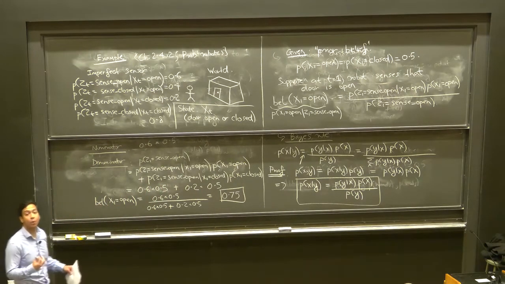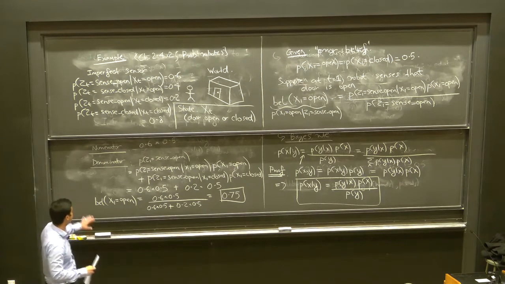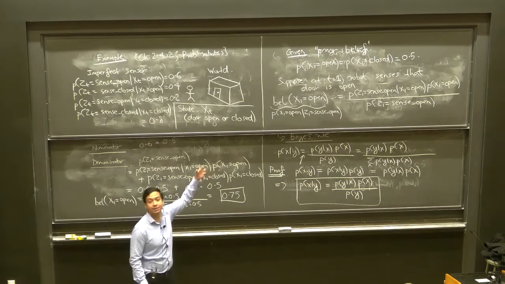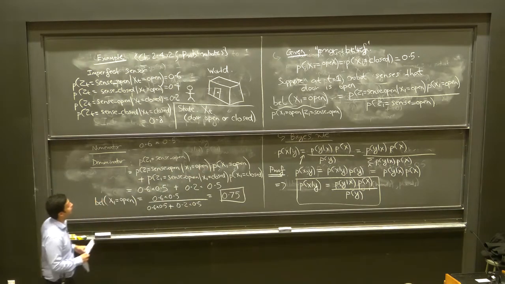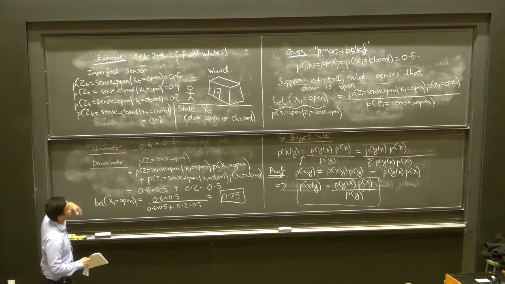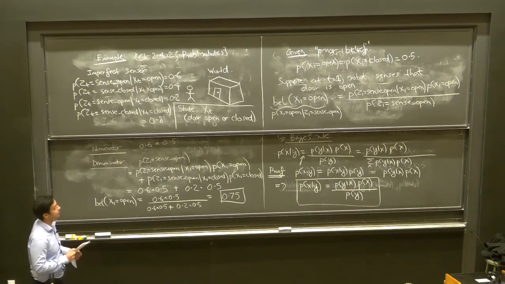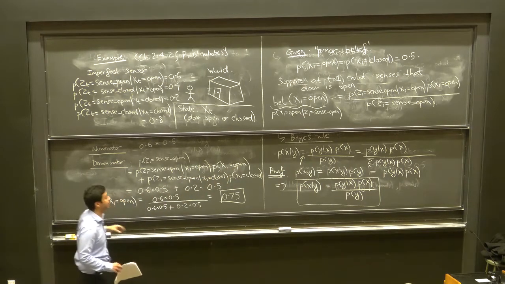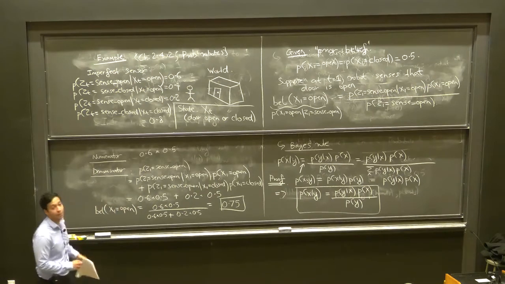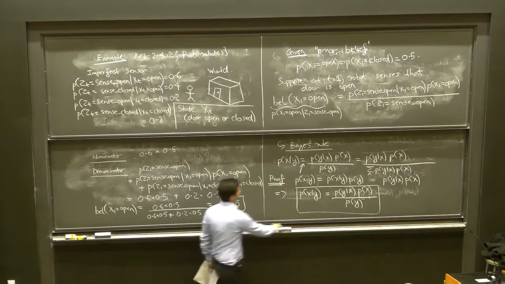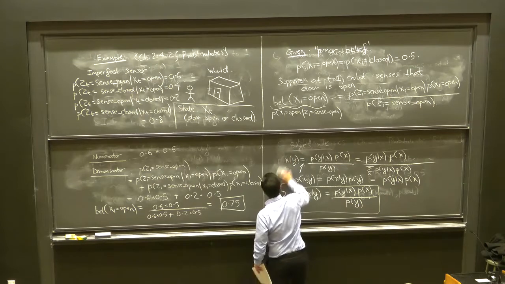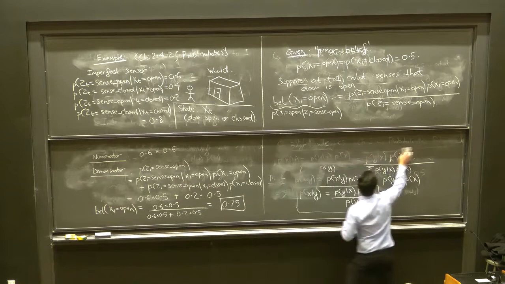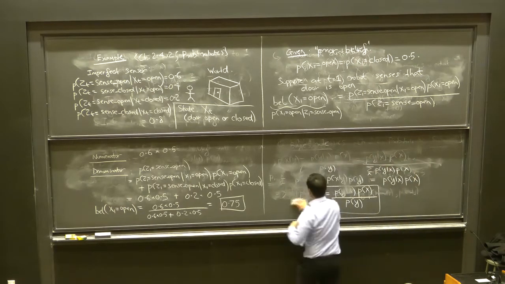The robot is now more confident that the door is open, so it assigns a higher probability to the door being open, which makes sense given that it sensed the door to be open. It's not absolutely certain, which again makes sense because the sensor is not perfect, but it's more confident than it was previously. Previously it just had a 50-50 chance that it assigned to the door being open. Now it's 0.75 confident. And then we can also write the other possibility: the probability that the door is closed is just 1 minus this.